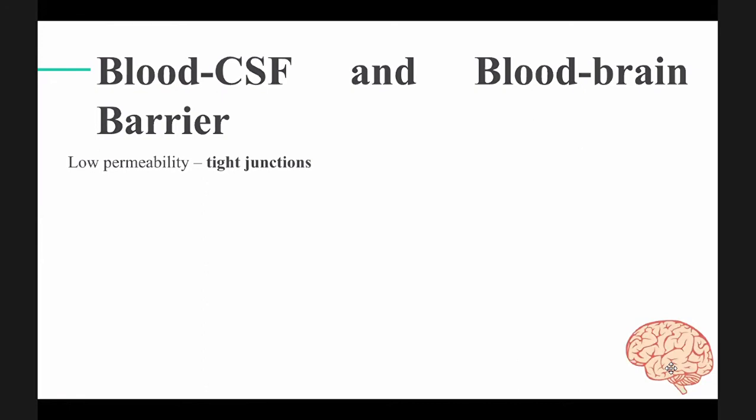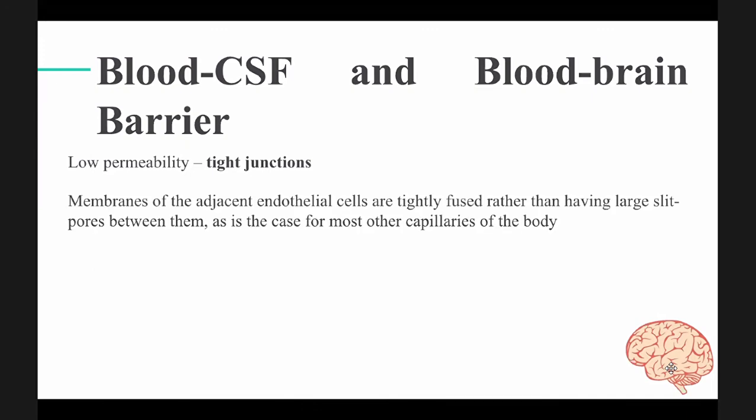The foot processes of astrocytes create these tight junctions, and this is what creates the blood-brain barrier. The membranes of adjacent endothelial cells are tightly fused rather than having a large slit pore between them, as in most other capillaries in the body, such as in the liver.